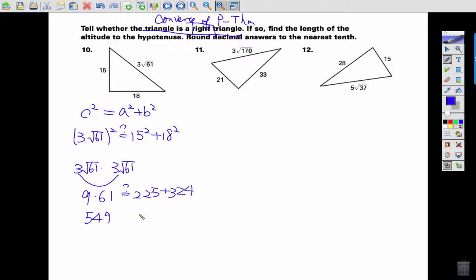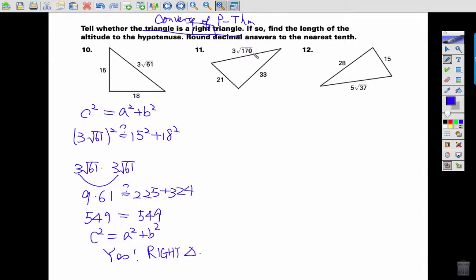So 225 plus 324 is 549. Look at that. I proved these two equal, therefore I can draw the conclusion c squared equals a squared plus b squared. So yes, it is a right triangle.